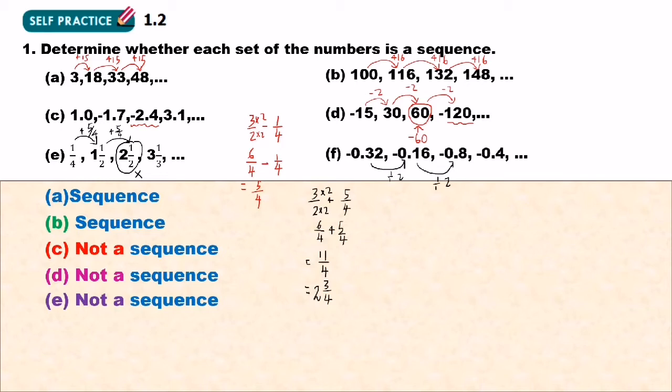But here it is negative 0.8. Okay, supposedly if divided by 2 it is negative 0.08. So now, this is also not a sequence.